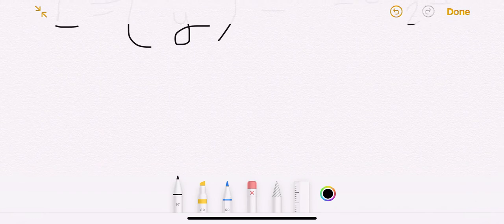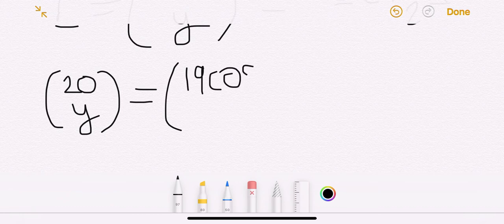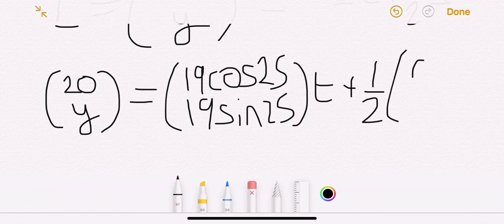We're going to get 20 and y equals 19 cos 25, 19 sine 25, all multiplied by t, plus half of 0 minus g multiplied by t squared.